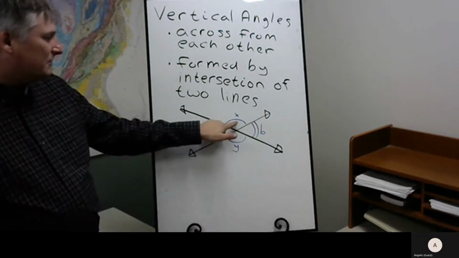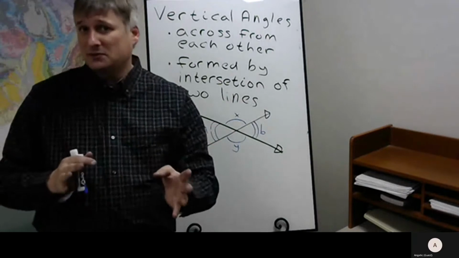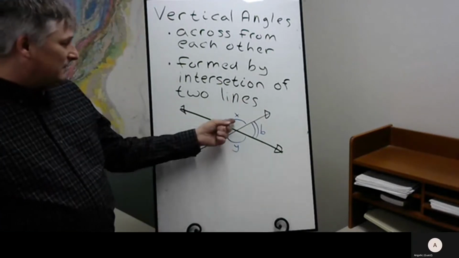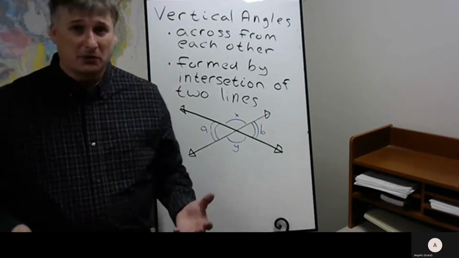But angle x and angle y, in this particular shape where we have two lines intersecting each other, angle x will equal angle y. That means they're vertical.